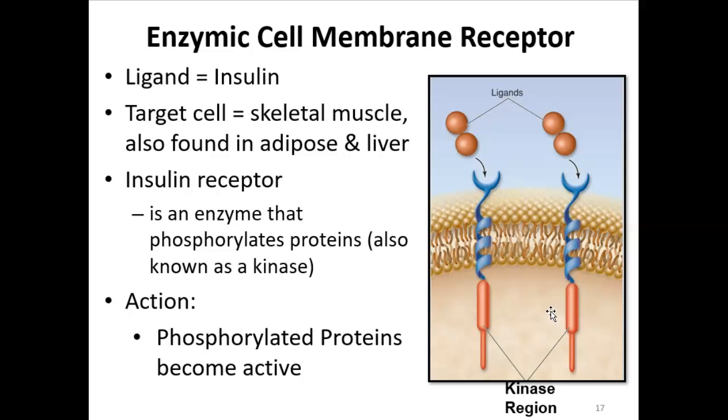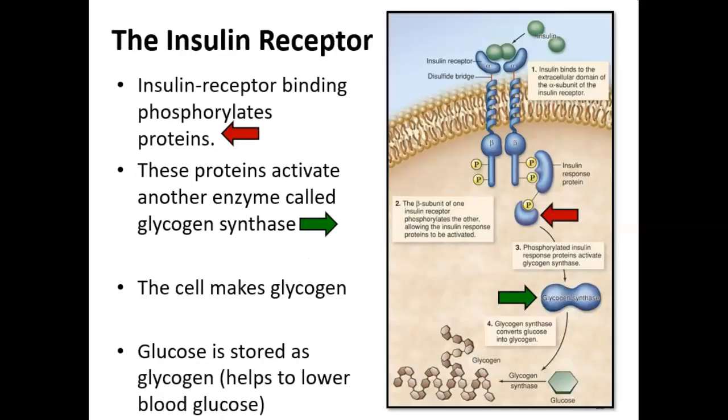Those proteins will become activated, and they will have various functions. Specifically, we're going to see that one thing that will happen is that the cell will begin to store glucose as glycogen. That glucose will leave your blood, and it will go into the skeletal muscle and form glycogen.